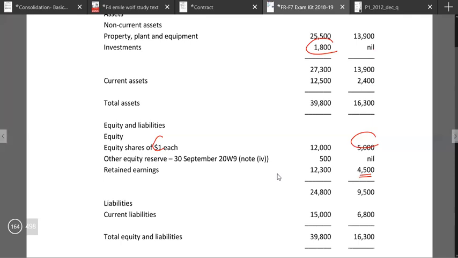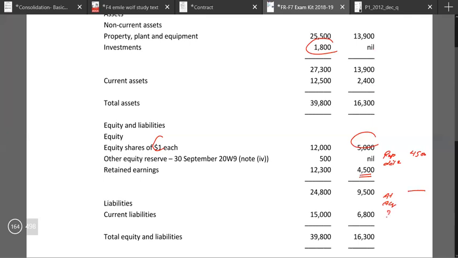That means you need to work out the retained earnings at acquisition as well. So at reporting date it's 4,500. We need that at acquisition. This needs to be found out.